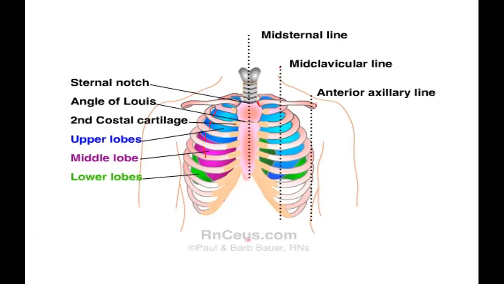If you draw a line that divides the clavicle into two, it is known as the mid-clavicular line. So this is the mid-clavicular line right there. It is there both on the left and the right.